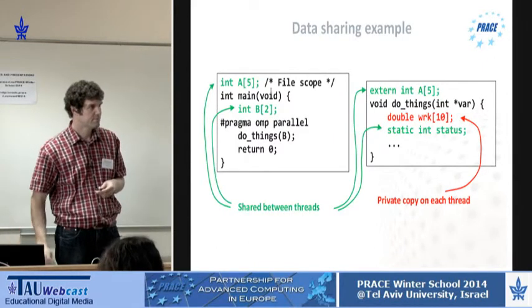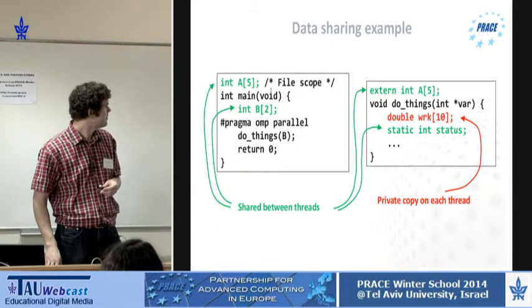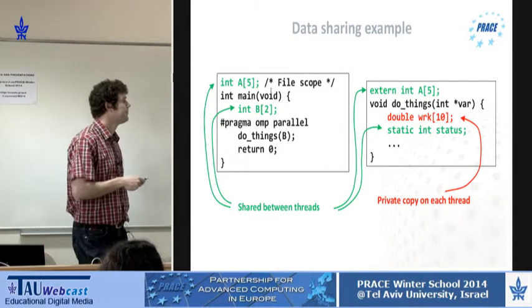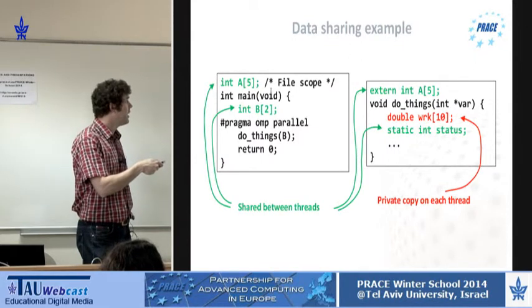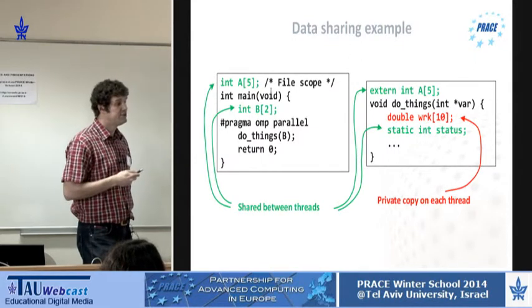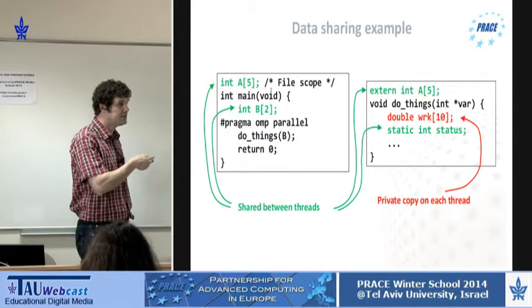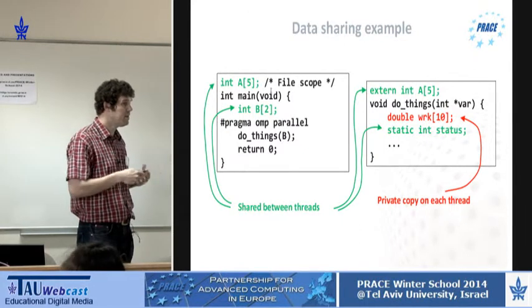Yes? So what happens with this private array when the parallel region ends? This one here. That's actually the same thing as if there wouldn't be any parallel region here. When one enters this function, this is a function-internal automatic variable.